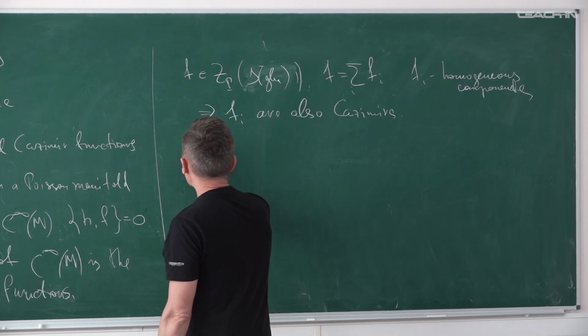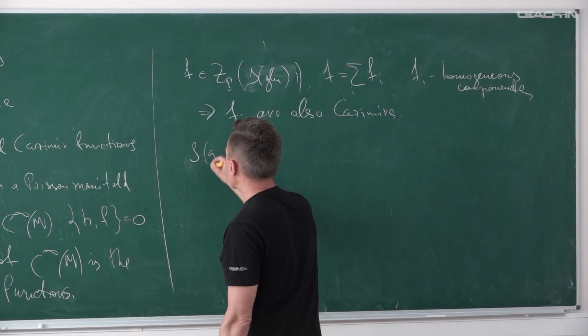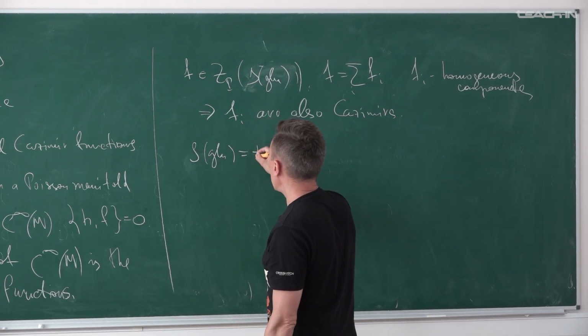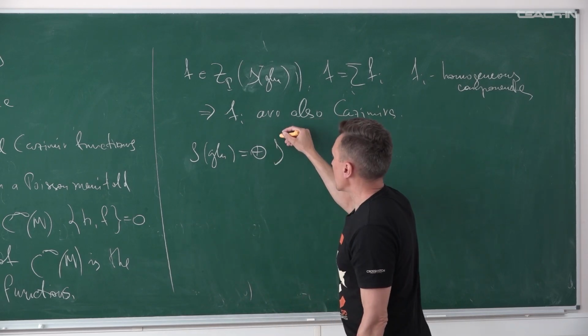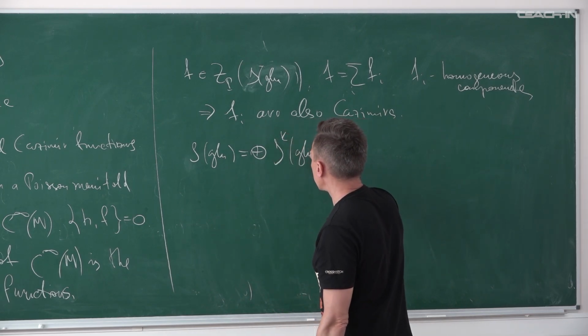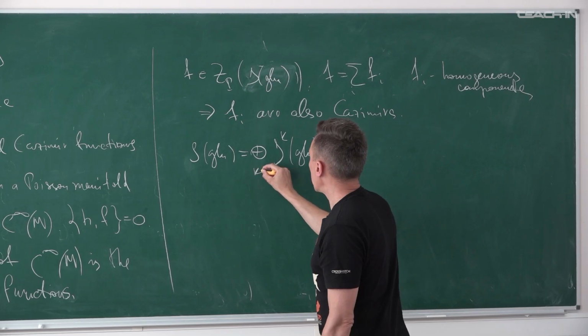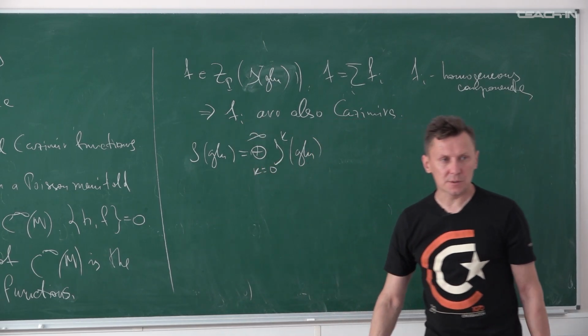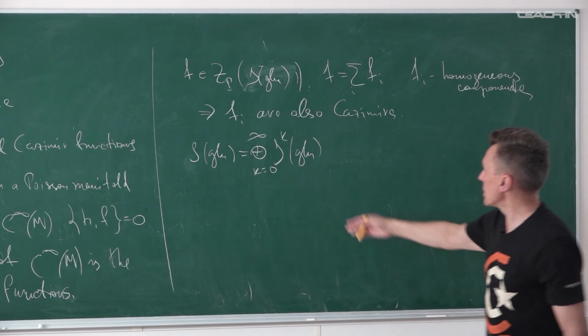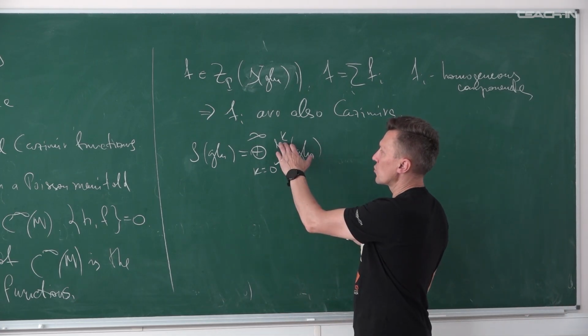Okay, let us represent our symmetric tensor algebra as the sum of its homogeneous components, the sum over k from 0 to infinity. Here we consider only polynomials of degree k.